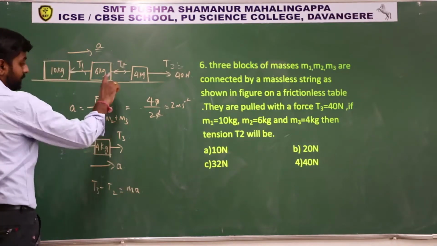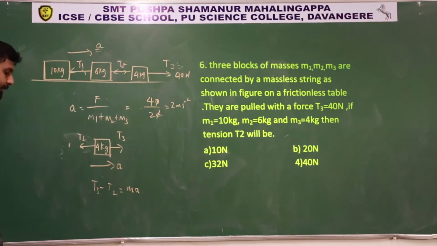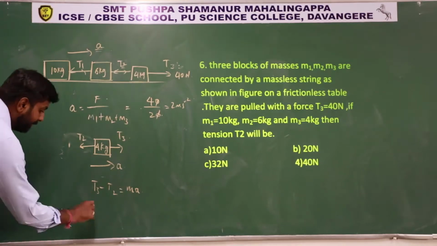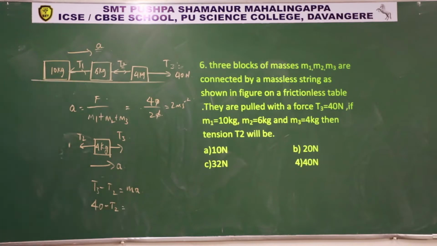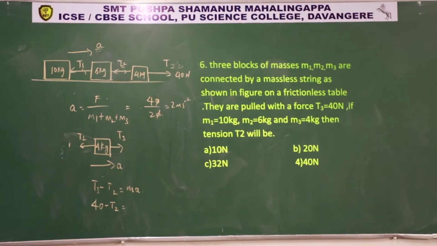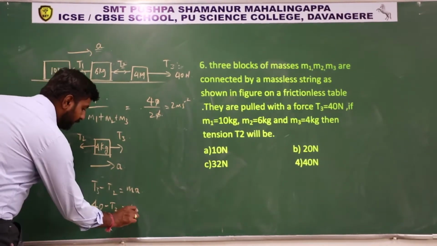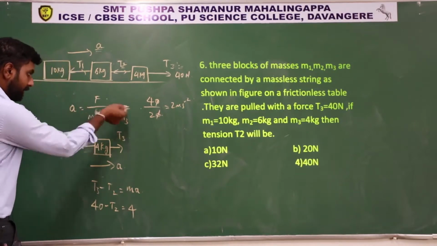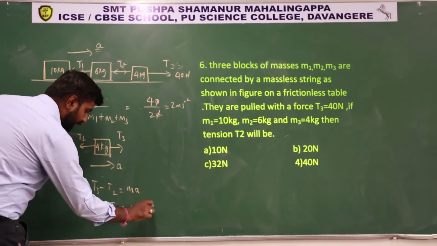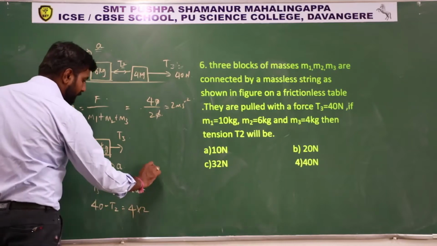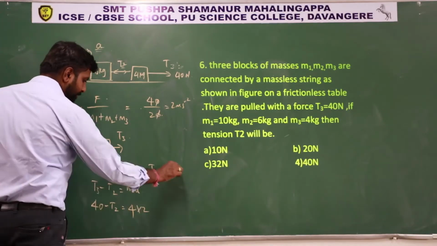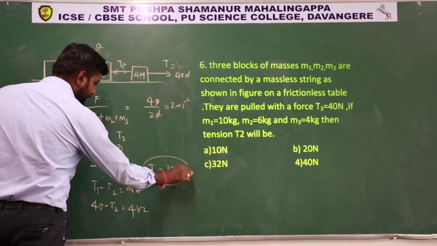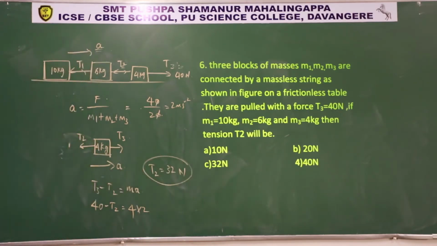Here m is 4 kg. So T3 means 40 Newton minus T2 is equal to m into a. M is 4, and the a value we have calculated is 2, so 4 into 2. That means T2 is equal to 32 Newton. 40 minus 8, 32 Newton.